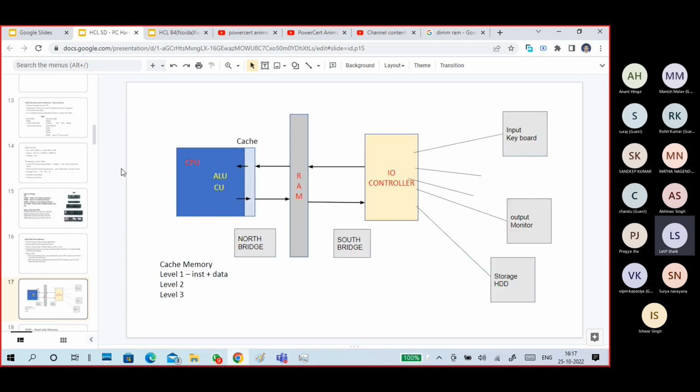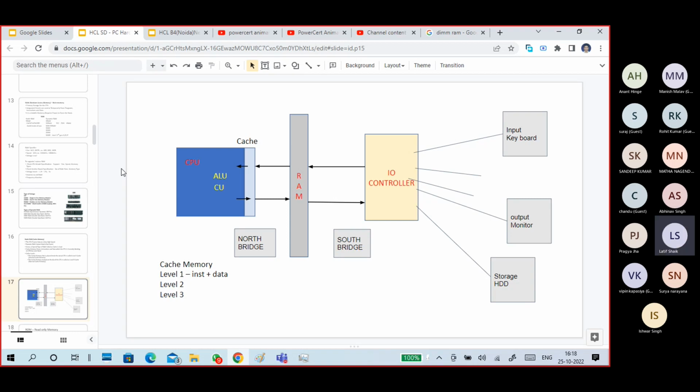Already told about static RAM. Then this is the diagram of your memory, guys. As I said in the first block diagram, input is given to the CPU, CPU to output device. Actually, the CPU interacts with RAM only via cache memory. Whenever you connect devices like input devices, keyboard, monitor, mouse, hard disk, everything is connected through the I/O controller.